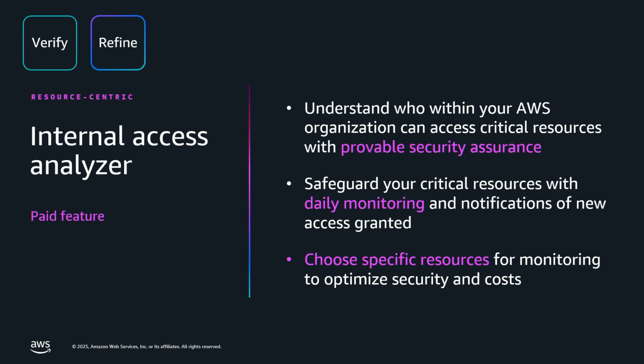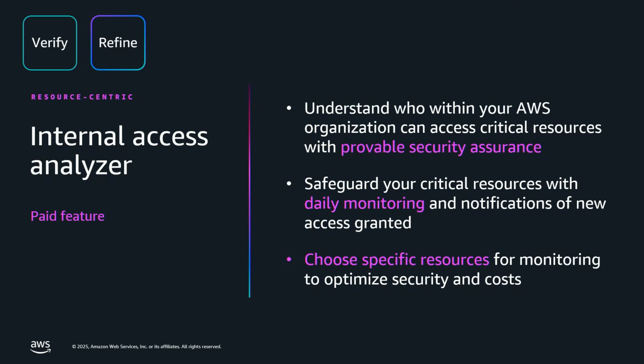All right, and the most recent analyzer type, which we launched at Reinforce this year, so about 6 months ago, is the complement to external access, which is Internal Access Analyzer. So for this particular one, you want to set it on only your most critical AWS resources, like S3 buckets or DynamoDB tables, basically things that only a very, very small number of roles or people should have access to.